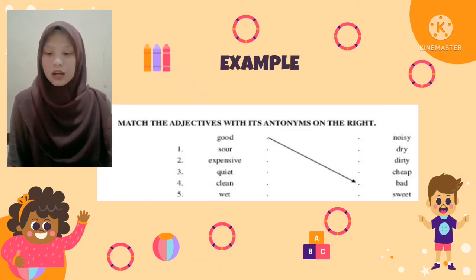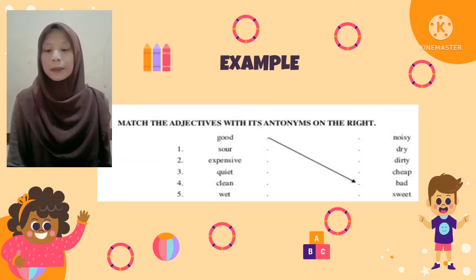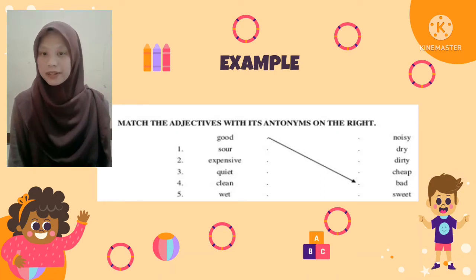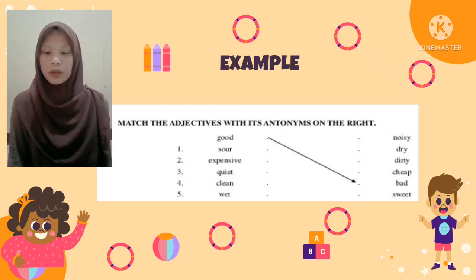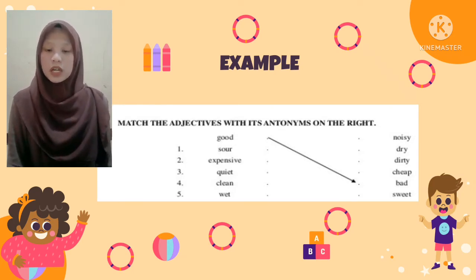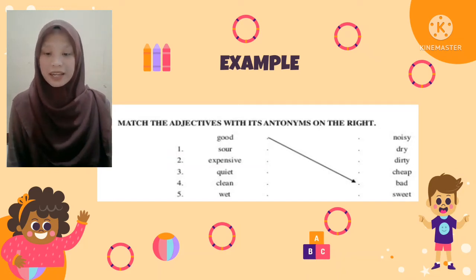Good, the antonym of good is bad. So, we can make a line from good to bad. For the next example, we choose the word wet. The antonym of wet is dry.